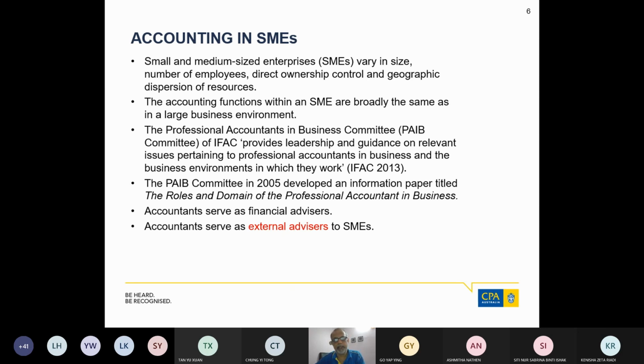Accountants can serve as financial advisors, or they can also serve as external advisors to SMEs. Meaning that we are not on the payroll of the SME, but as and when they need our services, they will approach us. They outsource, and whenever they need our services, they will contact us.